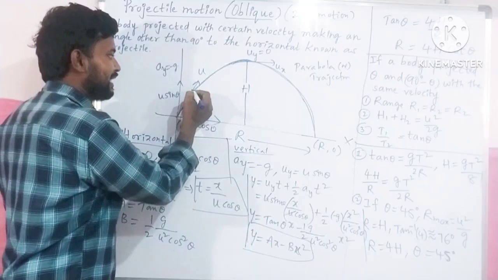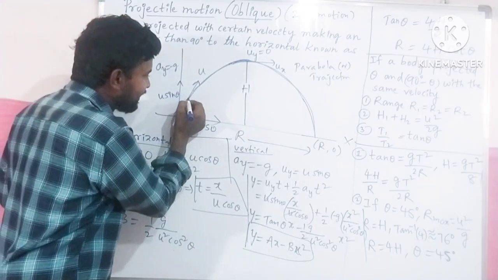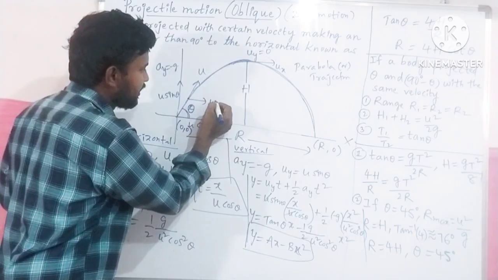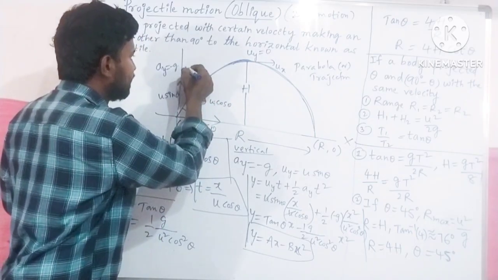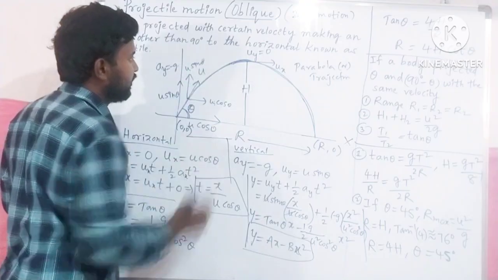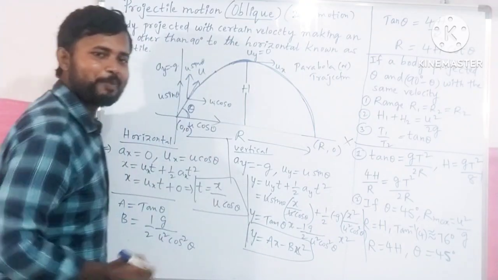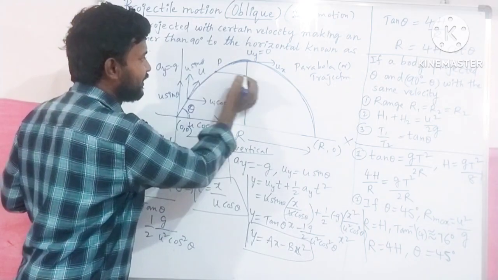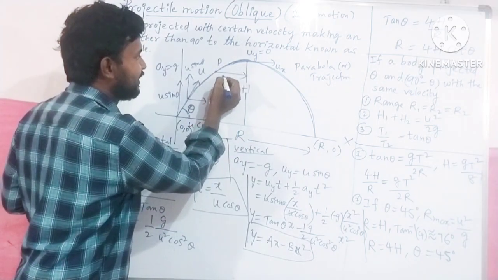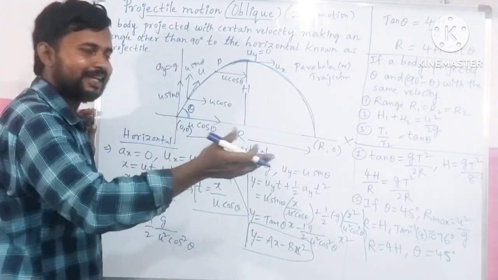For example, at this position I want to find the velocity. Here ux is u cos theta in this direction, and u sin theta is in this direction. I take a point P. At this point P, the horizontal velocity is u cos theta, constant in the horizontal direction.